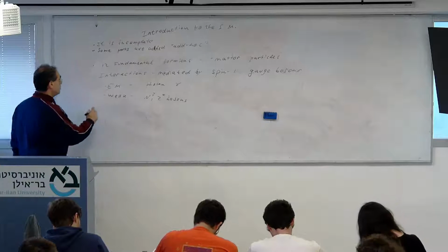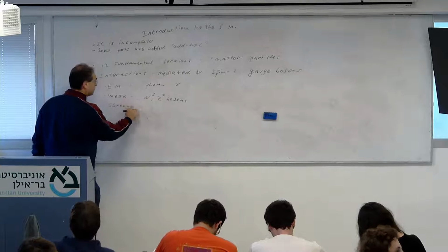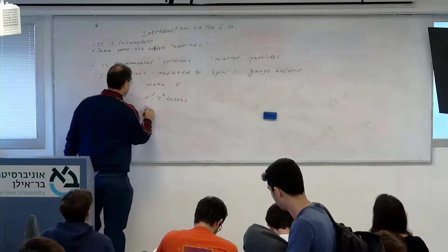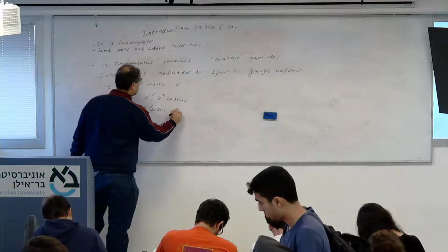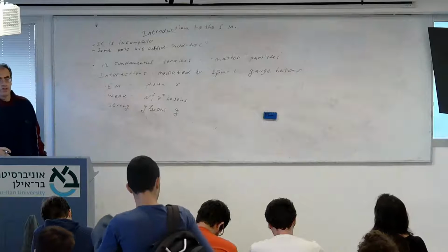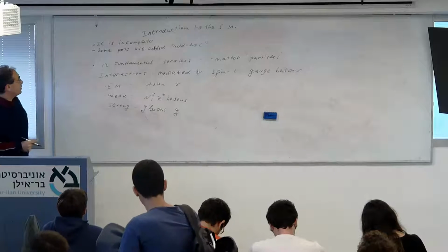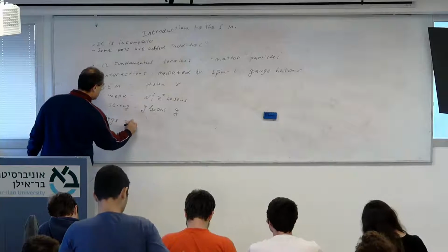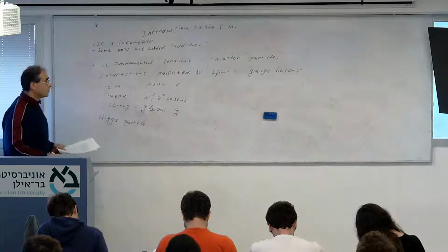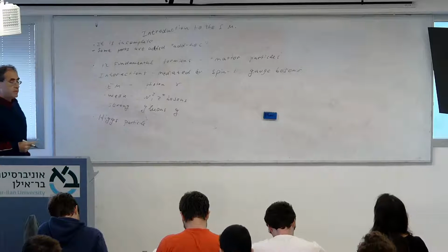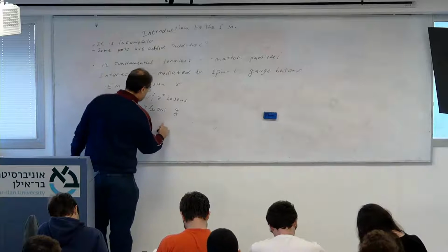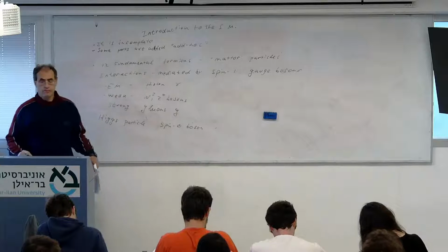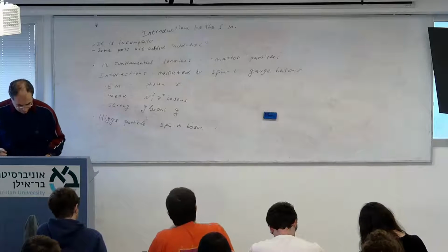And for the strong, these are called the gluons, denoted by G. And the last part is the Higgs particle, which is a spin 0 boson.